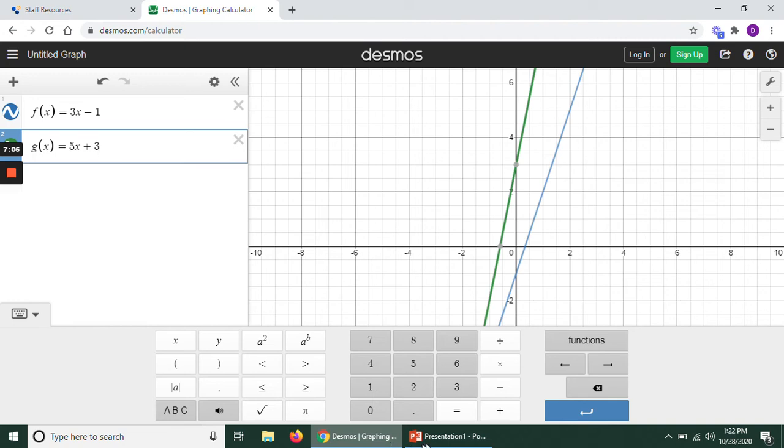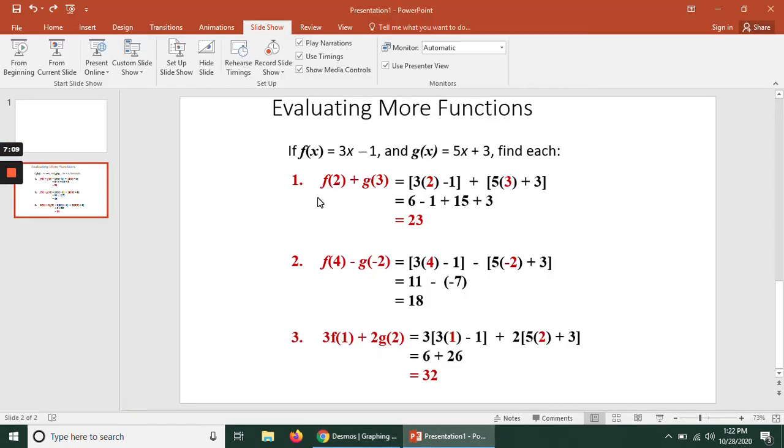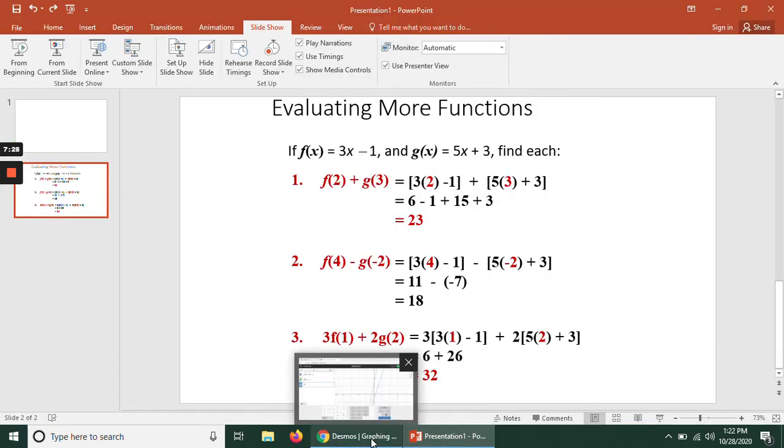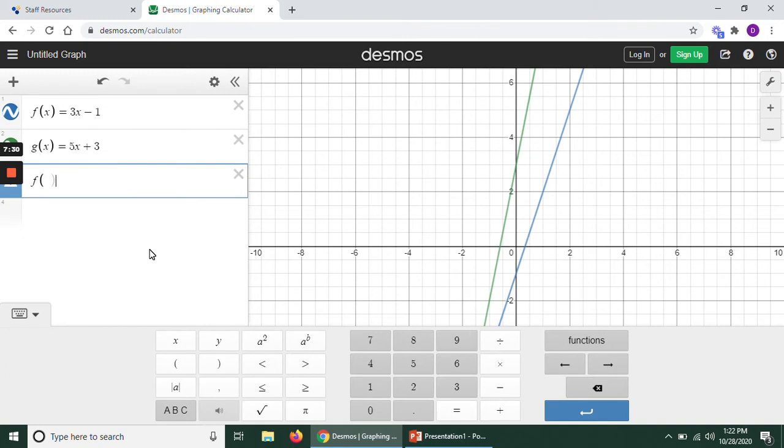Now for number 1, I'm going to find the answer simply by typing f of 2 plus g of 3 in a separate row. So f of 2 plus g of 3.